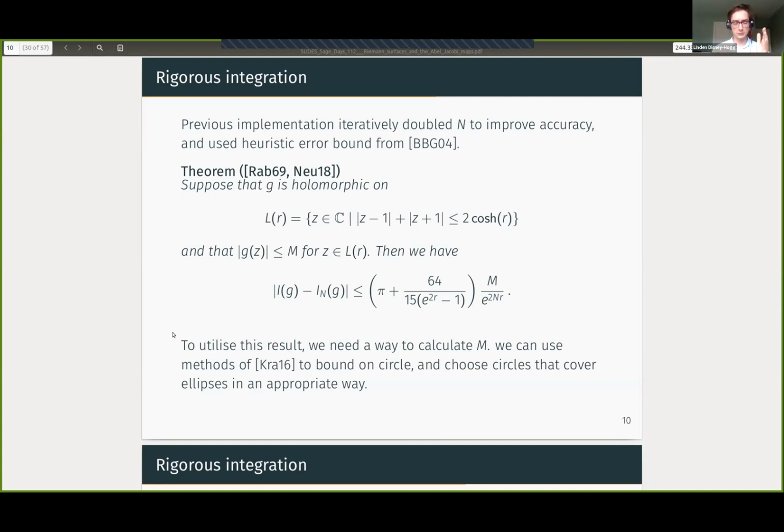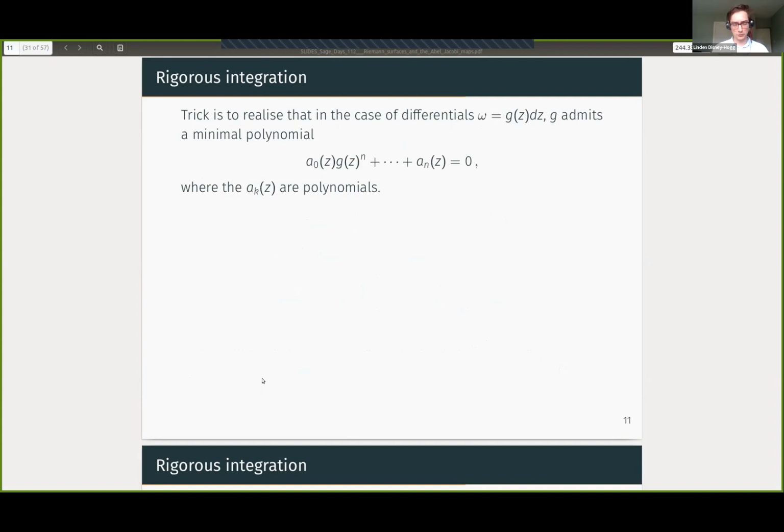But for us, it was easier just to implement everything in Sage, especially with how the error bounds on Arb, using these rectangular regions, interface with the actual way that we're going to calculate n. That way uses the fact that for our Riemann surfaces, these differentials are algebraic, or there exists a way to have them algebraic, and so they have a minimal polynomial.